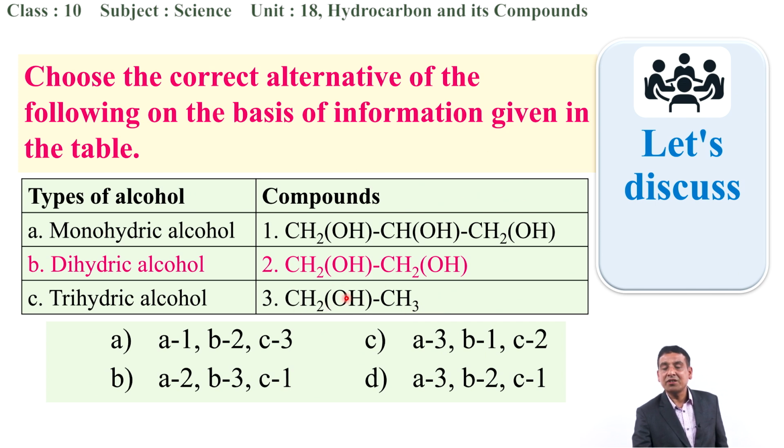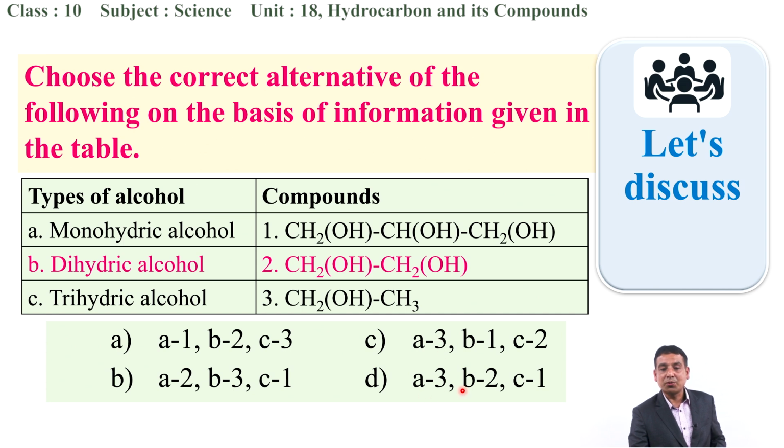This compound consists of only 1 hydroxyl group. It could be. You can go to the second one, dihydric, that means B1. How many hydroxyl groups have you seen here? 3. If this is dihydric, no, so C is also incorrect.